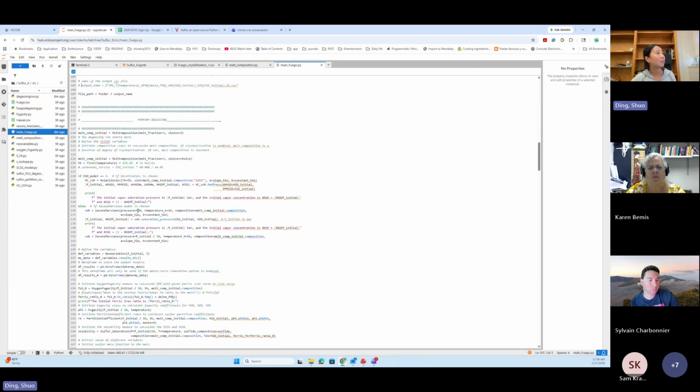So if we have a really high CO2 magma, that would be saturated at much higher pressure than 400 megapascal, and it will not be able to find the initial pressure. That's when I came here and thought, okay, I'm going to change this initial gas.